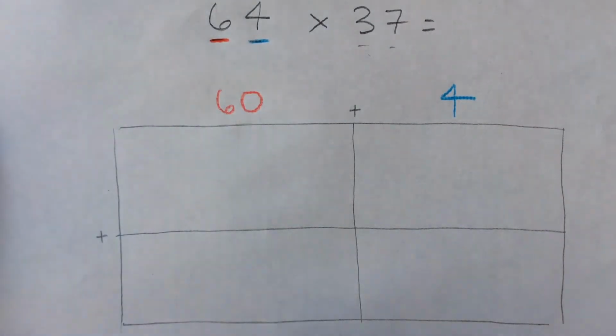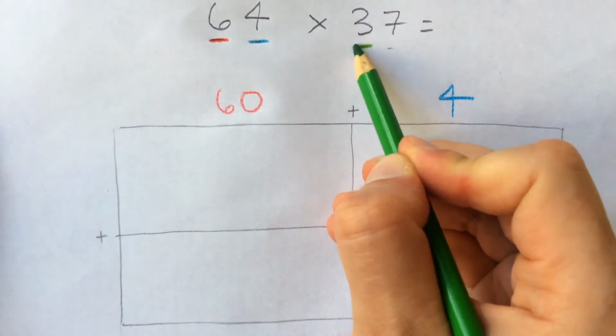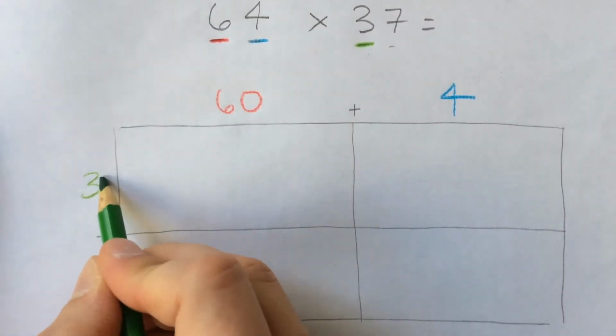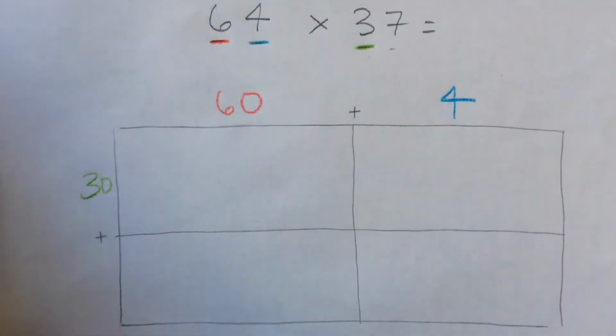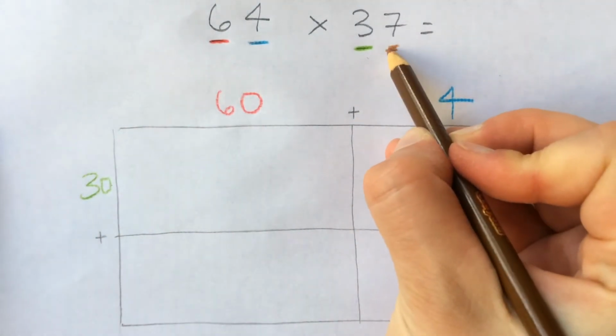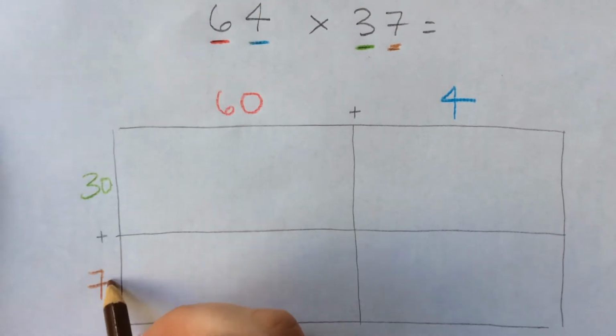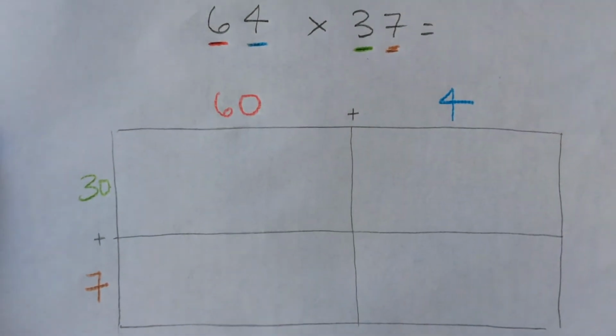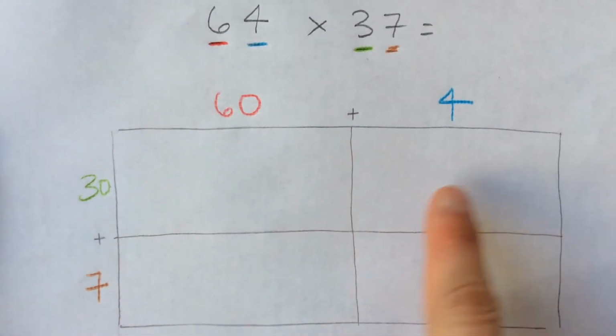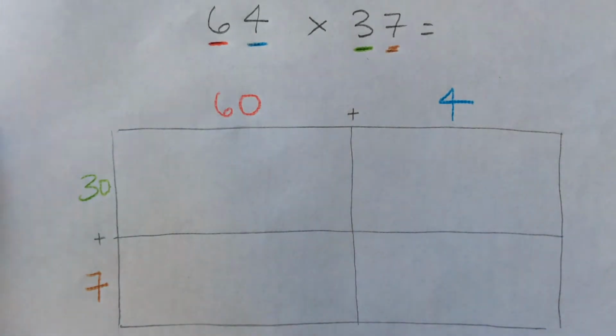And then for 37, I'd say again, what are the tens? And that here is 30. And what are the ones in 37? That is 7.